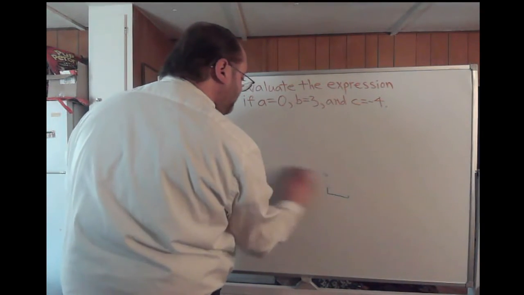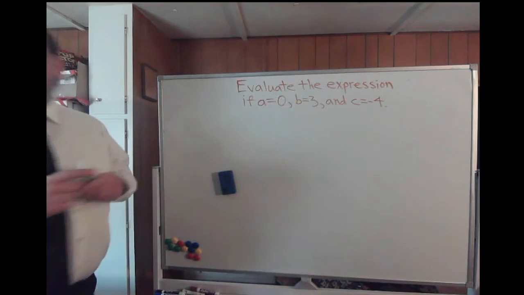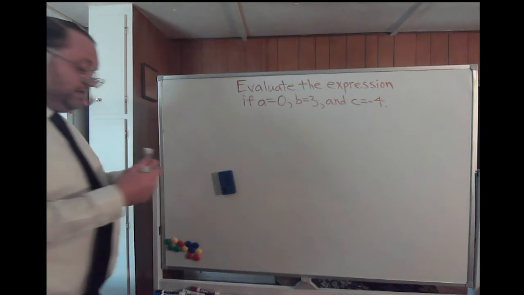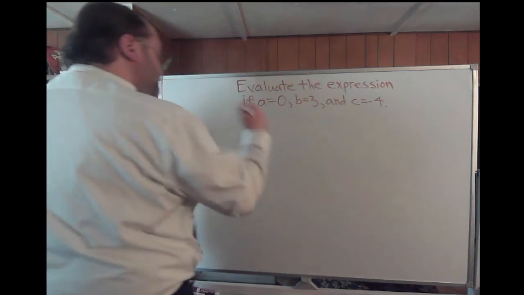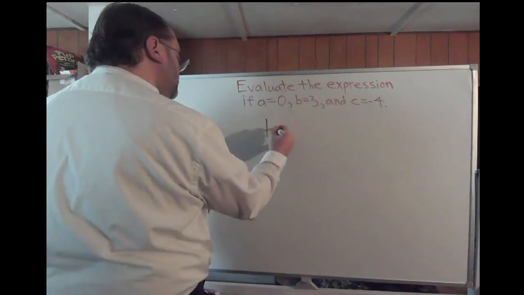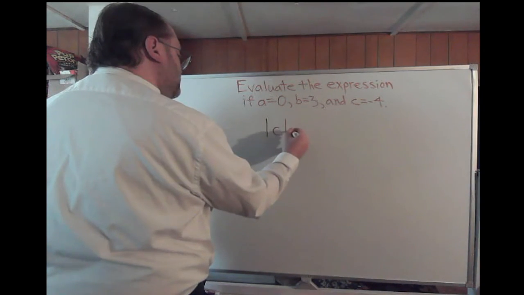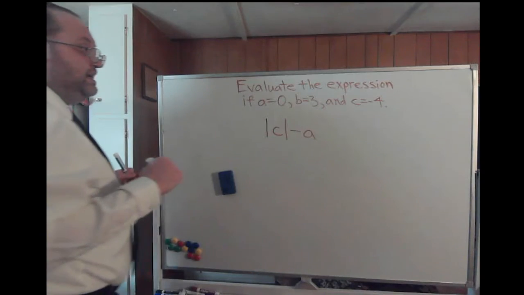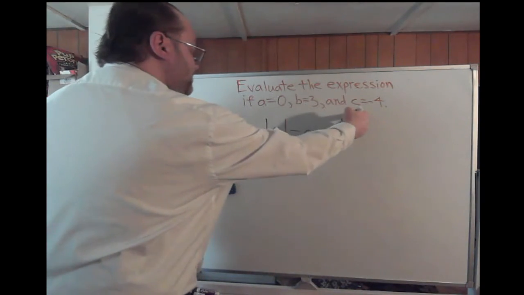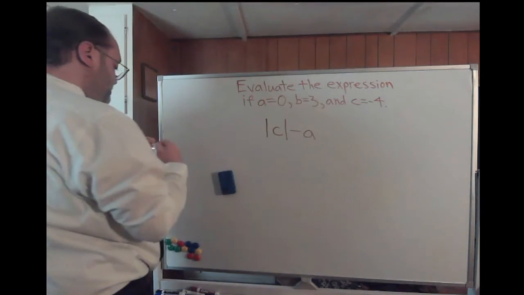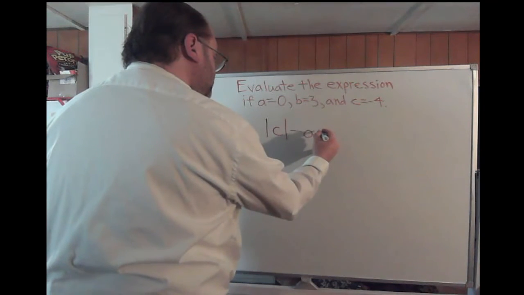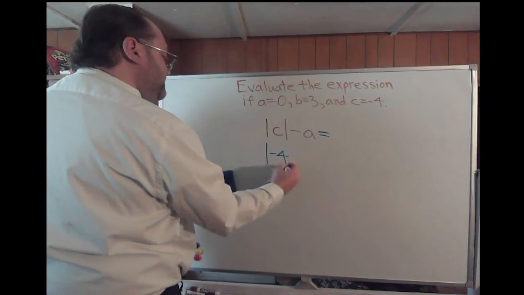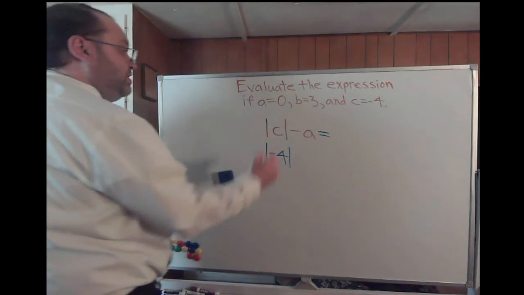Okay. I got some more. We have the absolute value of c minus a. Well, c is equal to negative 4, so what you're going to do here is substitute negative 4 in for c, which would give you the absolute value of negative 4 minus a.